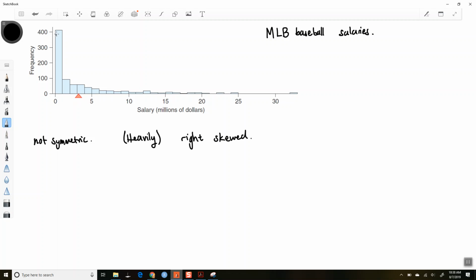Okay, and overall the shape, it's hard drawing this curve here, but we have something that looks like this, okay? All right, and so this is right skewed, and what this means is that there are some extreme values on the right.